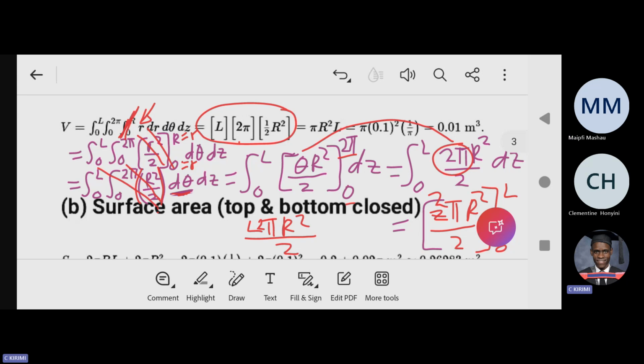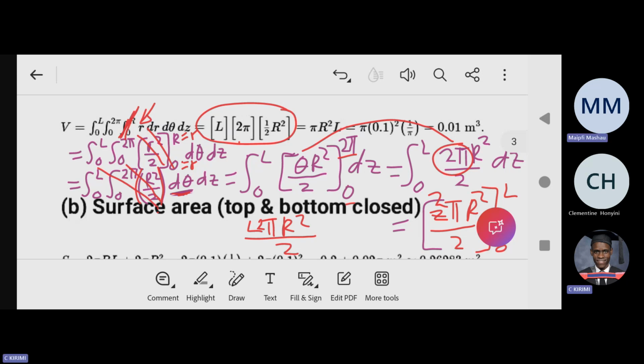R remains. We are not integrating it. R is a constant when you're integrating with respect to theta. It's a constant. It does not go. And when you replace those limits 2 pi and 0, you are replacing into theta, not into R. R is a constant.